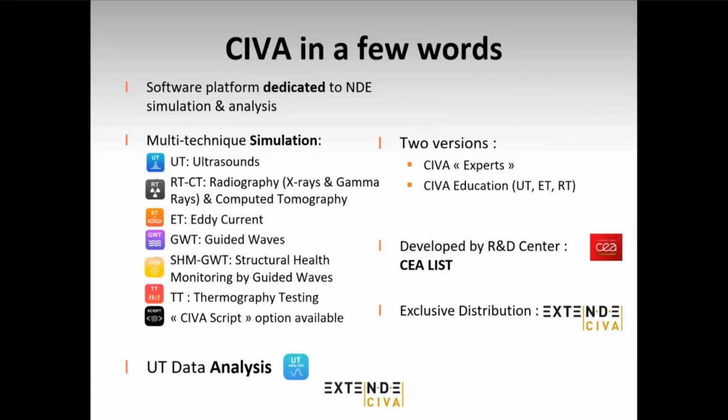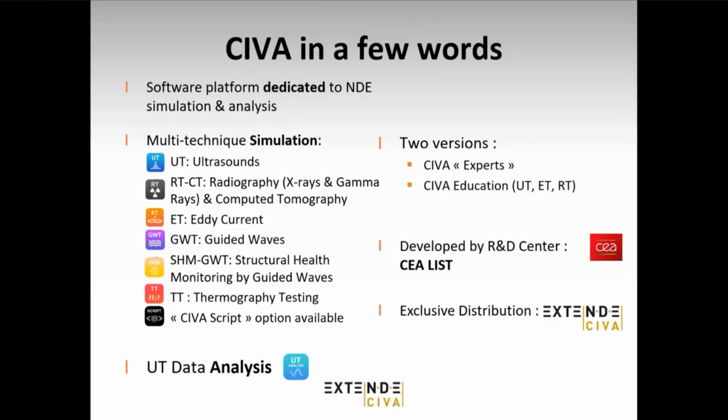And recently, last year actually, a new module came out: CIVA TT for thermographic testing. So it's really a new module within the CIVA platform that we will introduce today. Let's also mention that CIVA can perform some analysis for UT. You can also load real data in CIVA UT, which today is only for the UT part.